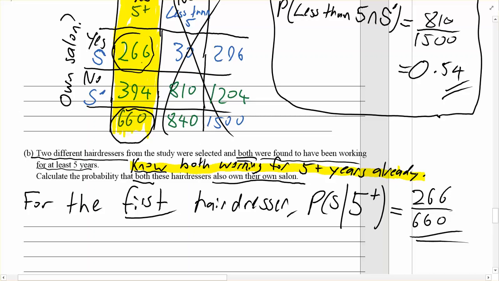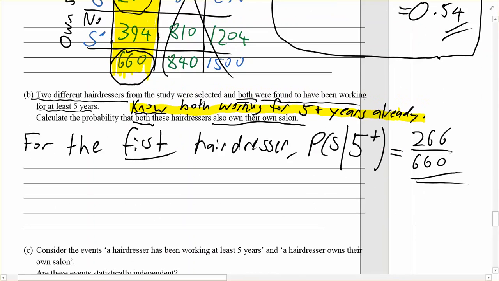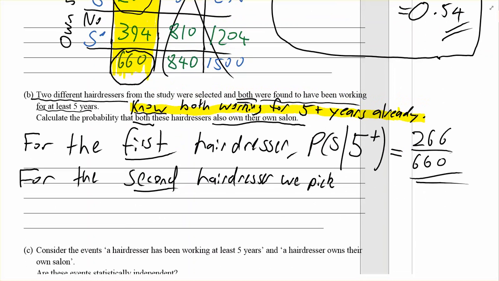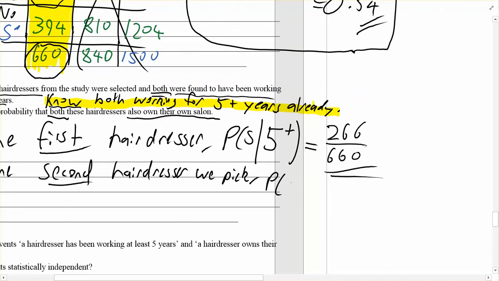Well, only 265. Why? Because we've already used one up. So, for the second hairdresser that we pick, the probability of owning your own salon, given that you've been working 5+ years, is actually 265 out of 659, because we've lost one.